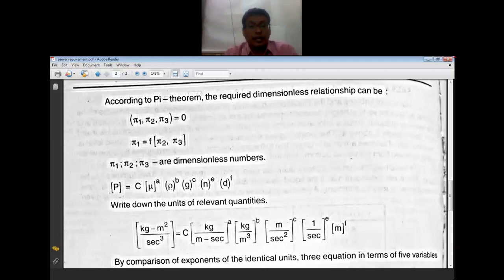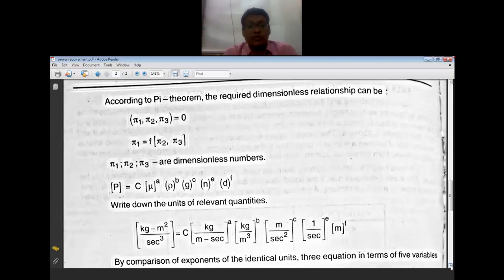Density is kg per meter cube, written as it is. G, acceleration due to gravity, is meters per second square. N is the speed of rotation, which is 1 upon seconds. And d, the diameter, is written in terms of meters.